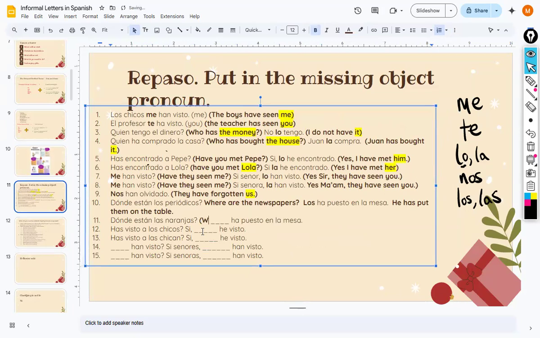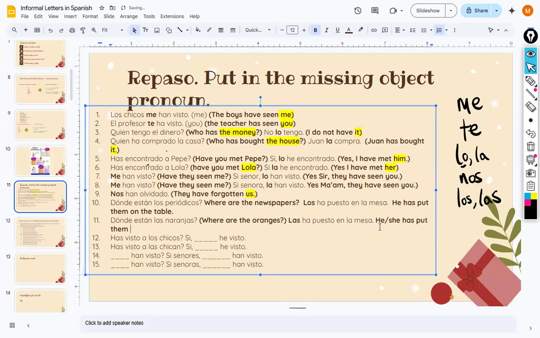Where are the oranges? Now, naranjas is feminine and plural. So he or she has put them on the table. So las ha puesto en la mesa. Right? So he or she, just like above, has put them on the table.